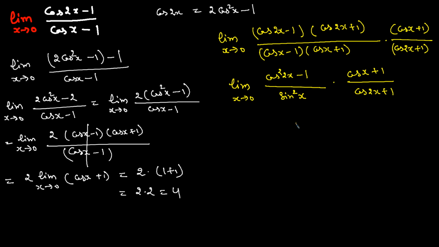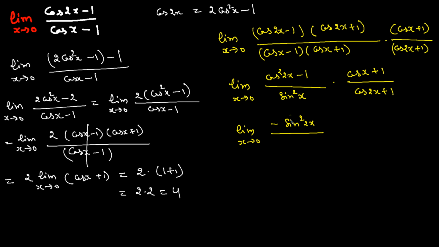Okay, so cos square 2x minus 1 is basically equal to minus sine square 2x, and we got sine square x over here.